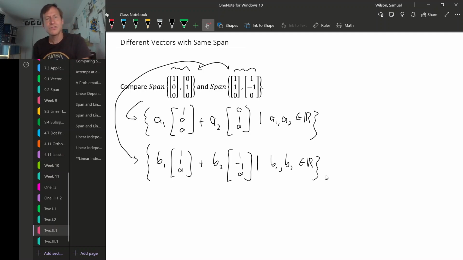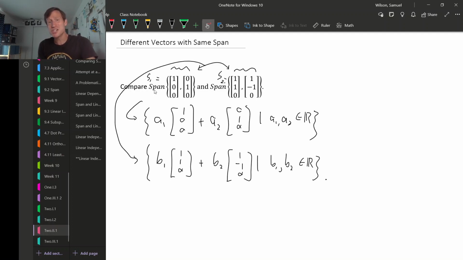Okay, so how could we check if these two are different or equal? Since they're both sets, let me call this one S1 and this one S2, for span 1 and span 2.